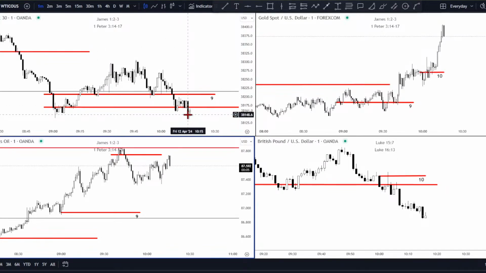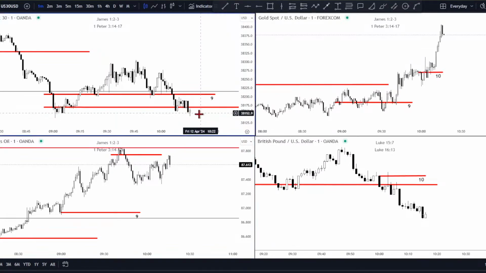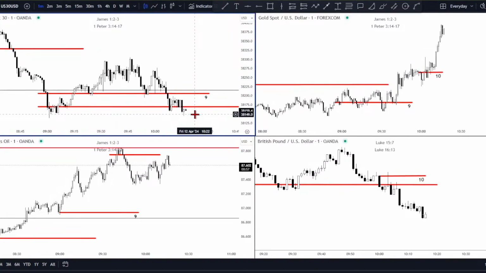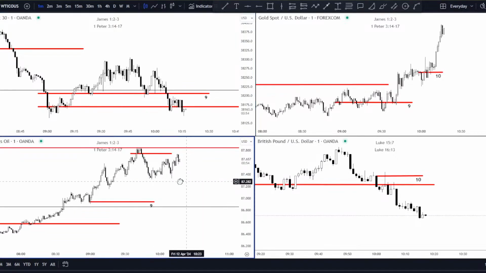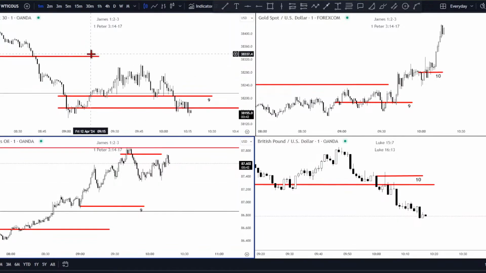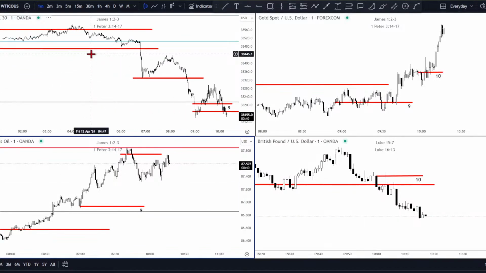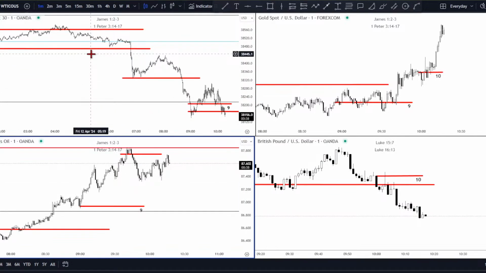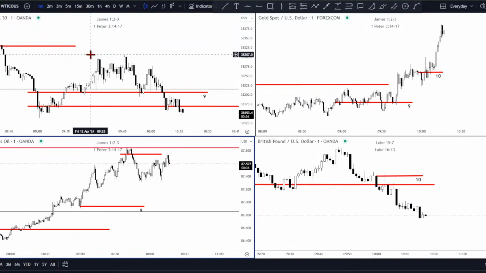Okay, that was the open of a new 15-minute bar. Today really feels like one of those Fridays where they just do not come back.